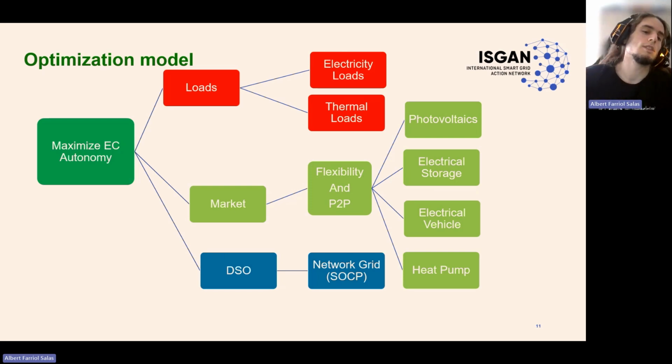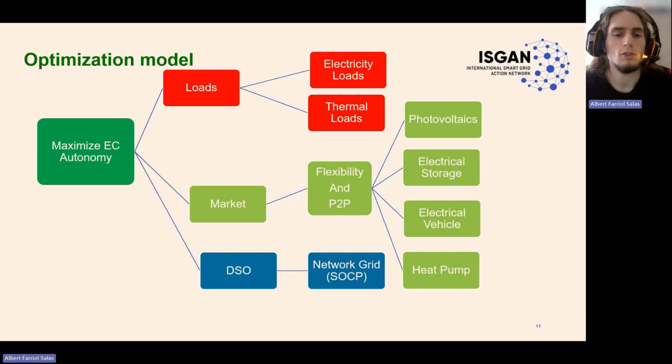And also, the constraints that describe the market could cover two different kinds of markets. You could go to the flexibility market or you go to the P2P market, that is the trading market within the energy community. But these two markets have the same assets: the photovoltaic, the electrical storage, the electric vehicle, and the heat pump.